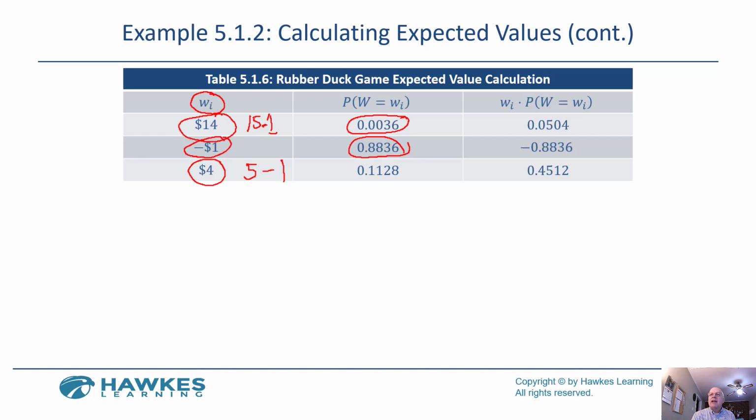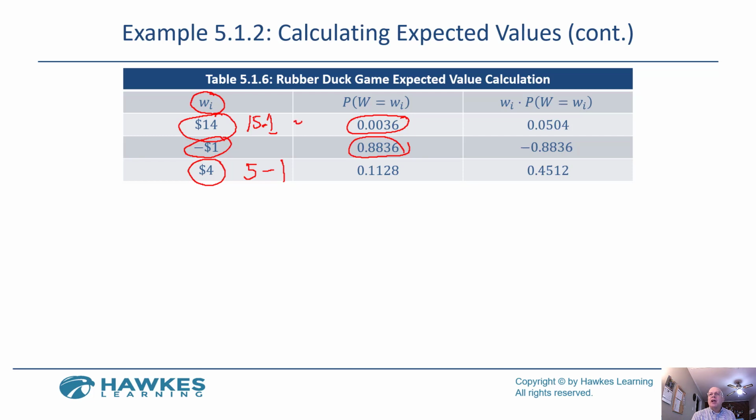Your probability for each one of those results: 0.0036 of getting the large stuffed animal, a 0.8836 probability of not getting any stuffed animal at all, and 0.1128 is the probability of getting that small stuffed animal.